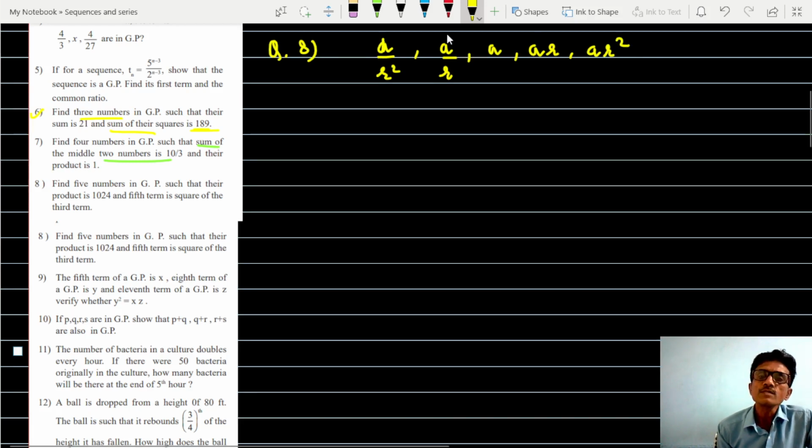See here, three numbers in GP we take as a upon r, a and ar. Here we have to add a upon r square and on this side ar square. So that's five numbers in GP.